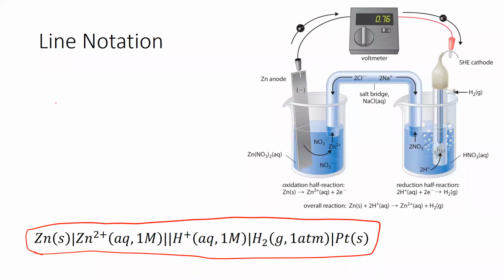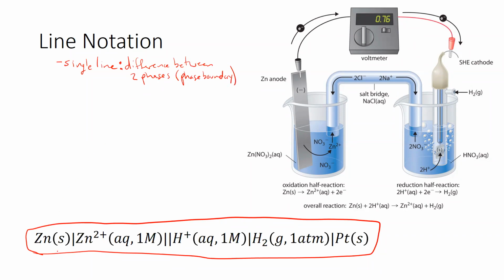The line notation uses a single line to note the difference between two phases, or what's called a phase boundary.